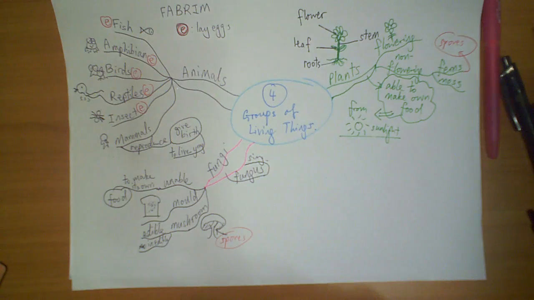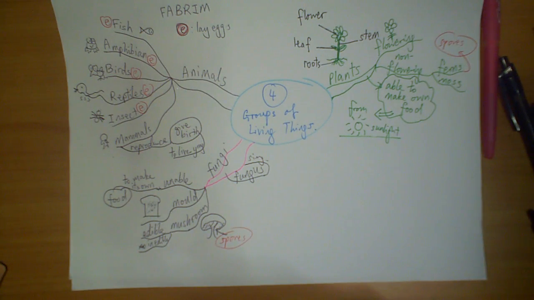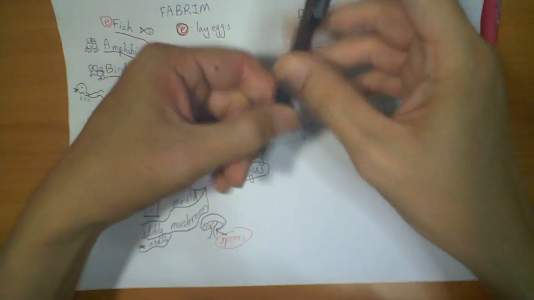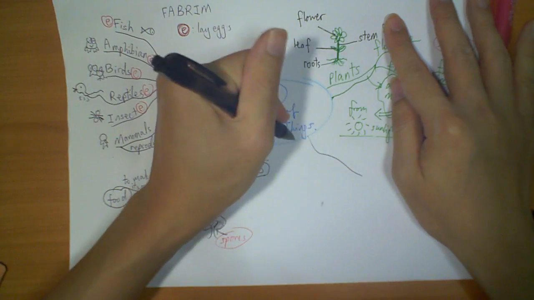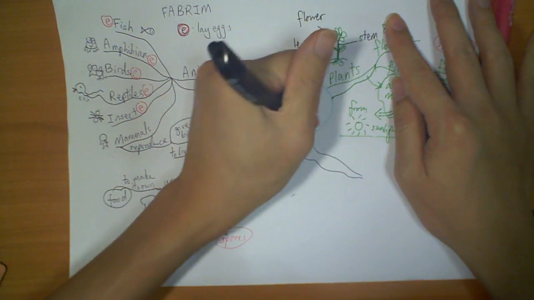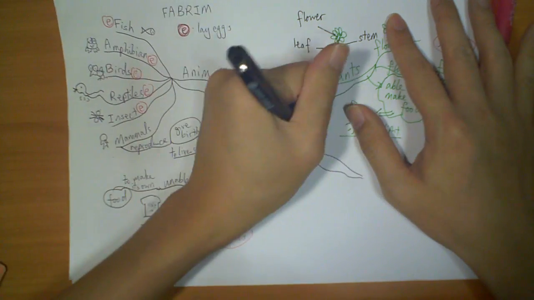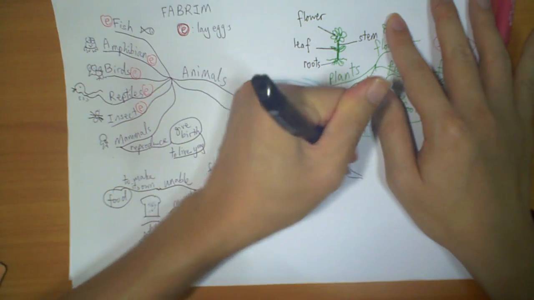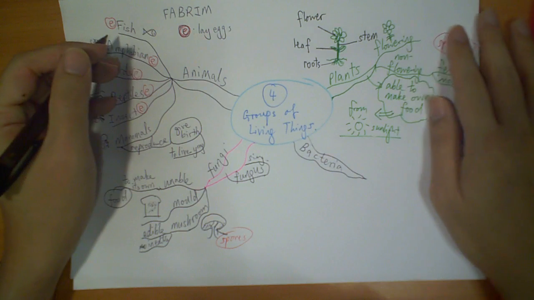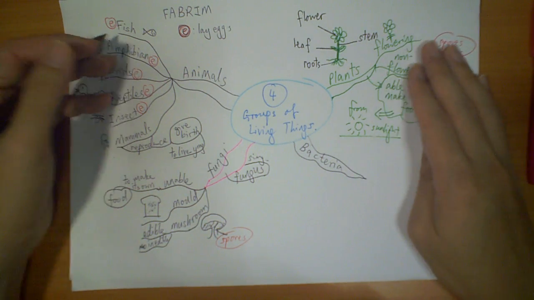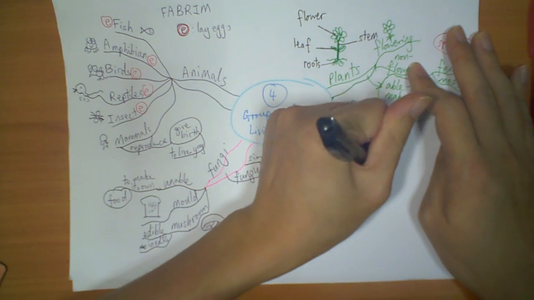Now let's move on to the last group of living things that we are going to learn today, which are bacteria. Okay, so I create a new branch. I'm going to write inside the branch bacteria. Alright, now bacteria are all very small. Okay, very small.